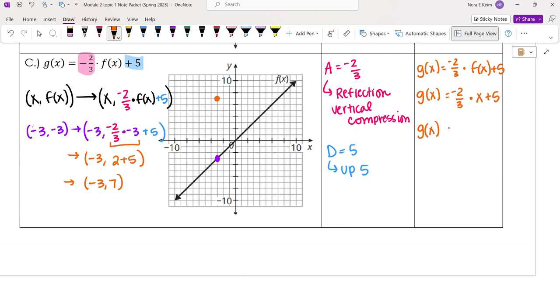So g of x equals negative 2/3 x plus 5, where I have a b value of 5, so I have an intercept at 0, 5. And then I have a slope of negative 2/3. So I can go down 2, right 3, or I could go up 2, left 3, but this ends up being my general line right here.